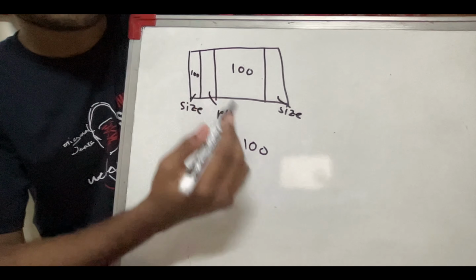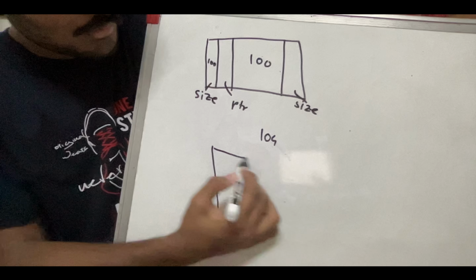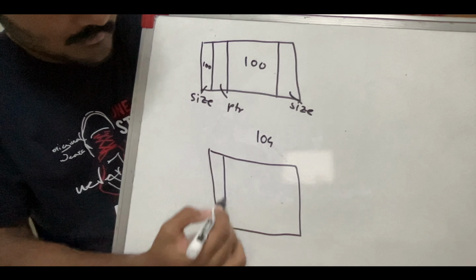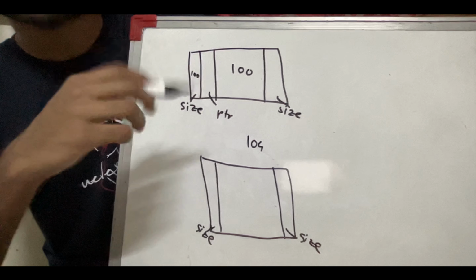And why is that? Because let's say this is an allocated block now. What will the block look like? It will have the size value and another size value, which is the footer one. But as you can see, we don't need the free pointer, because the free pointer is present for us to point at the next free block.